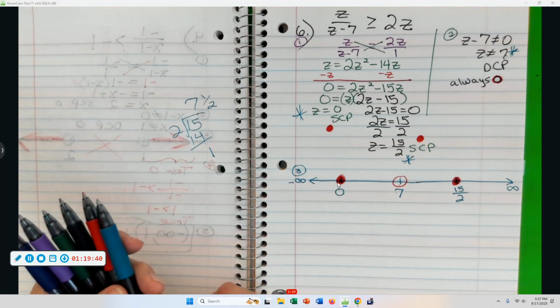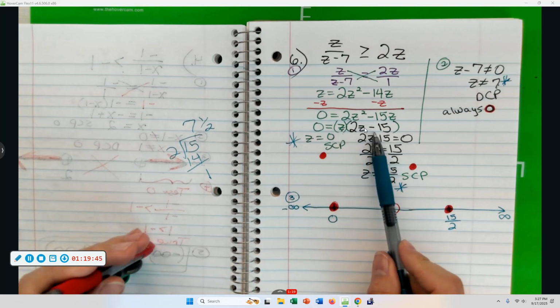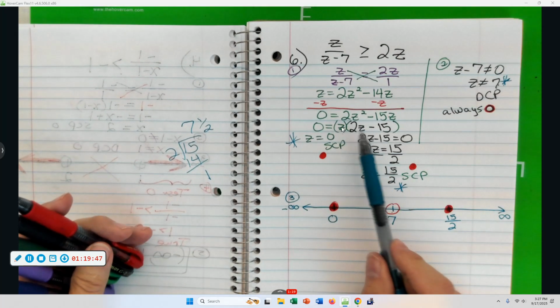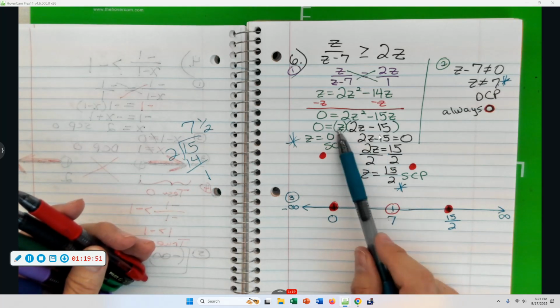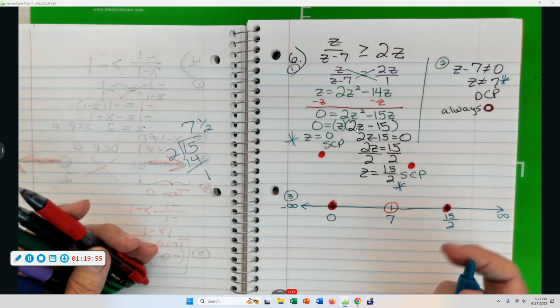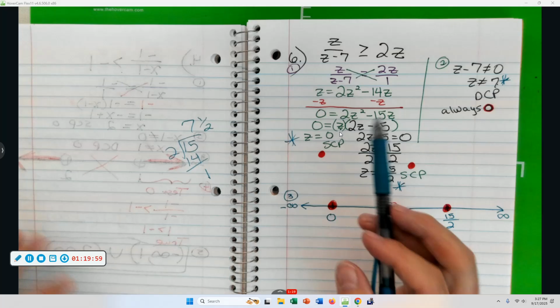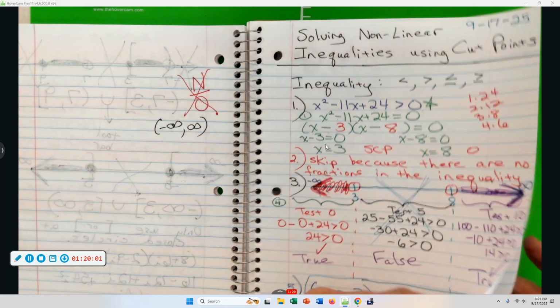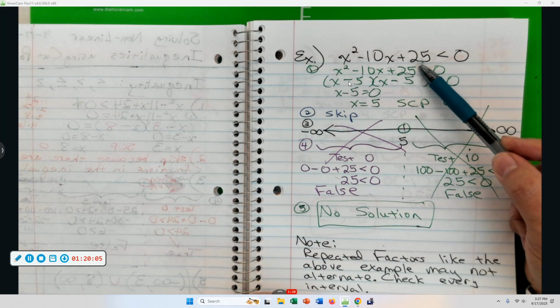Step number 4. By the way, we had to factor, but did we get the same factor, the same thing inside the parentheses? Are there any repeated factors? Is it going to alternate or not? It's going to alternate. There's no repeated factors. Look back at that one that I made up. 25 is a perfect square.